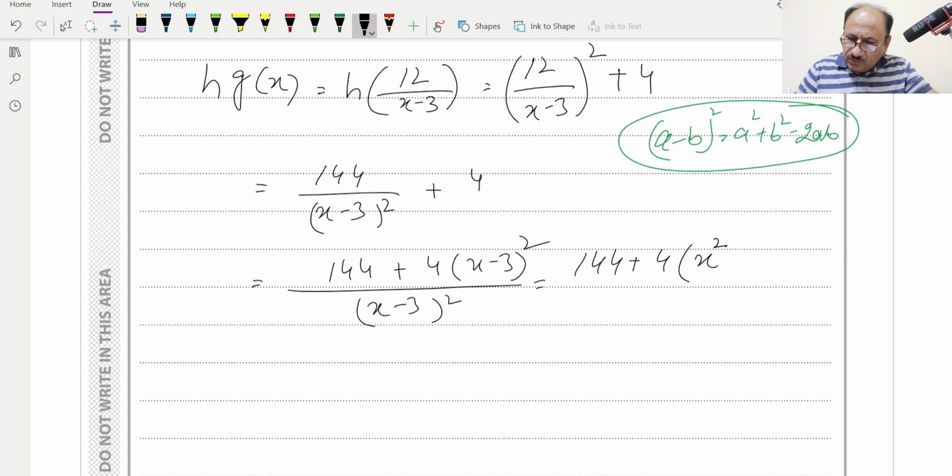So it means x squared plus 3 squared will be 9, minus 2 into 3 into x, so it will be 6x.